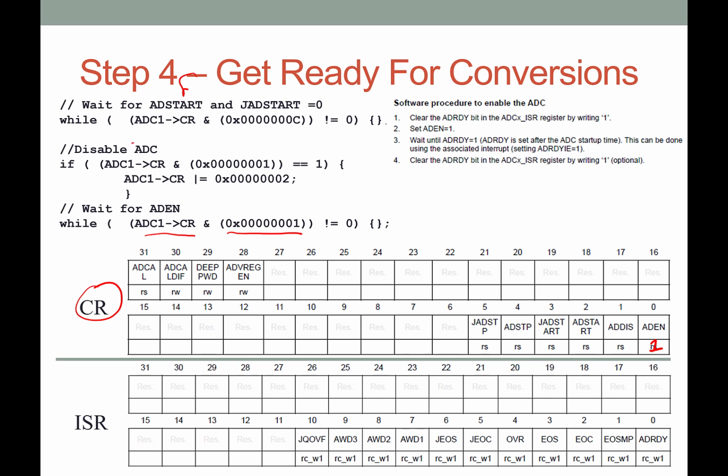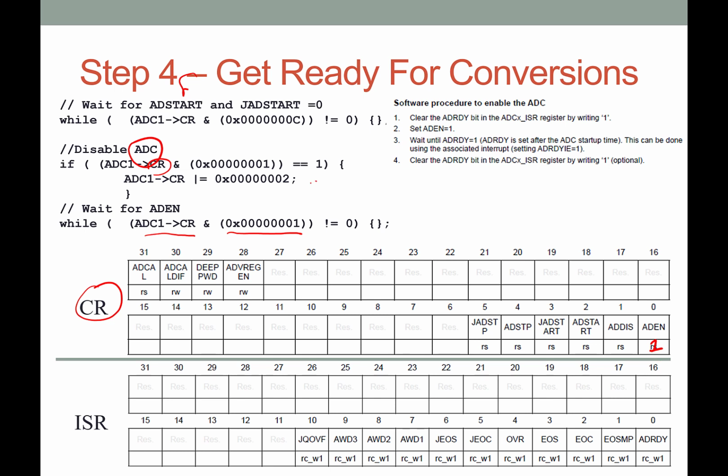Here's disabling the analog to digital converter. So notice it does the same thing as it did before. It says if this control register ANDed with 1 is equal to 1, so if this bit had been a 1, it would be equal to 1.